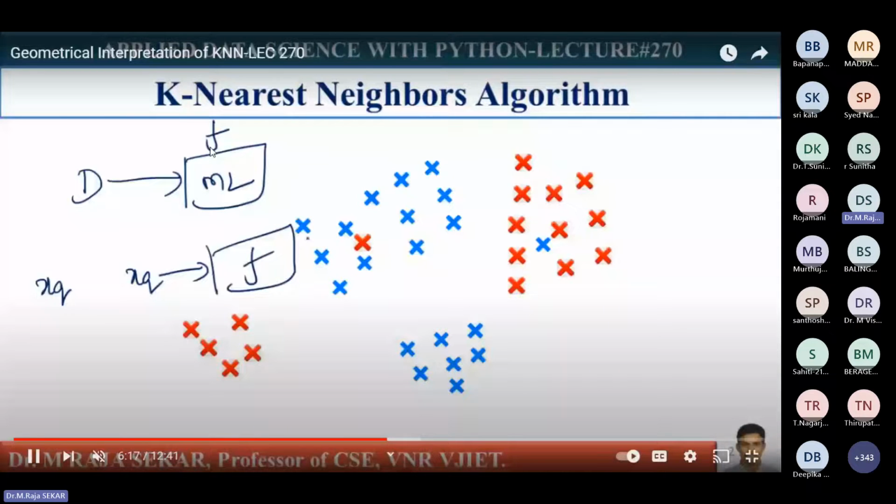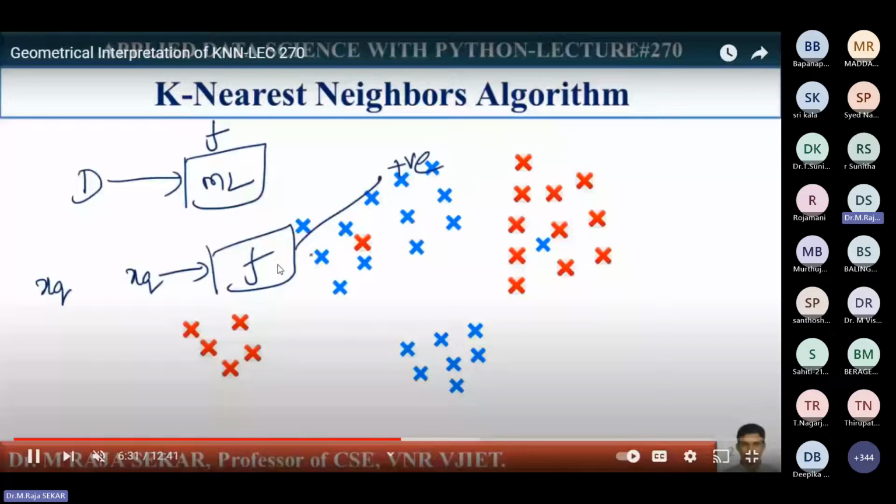This F can be an algorithm, a model, or a machine learning algorithm. By using this D, D means data set, this data set is known as the training data set. This capital D is basically the training data set. By using that training data set, I will build a model.